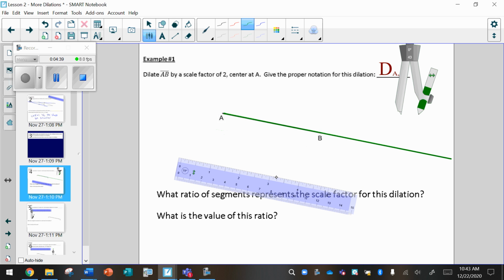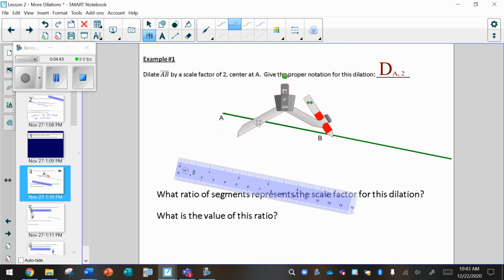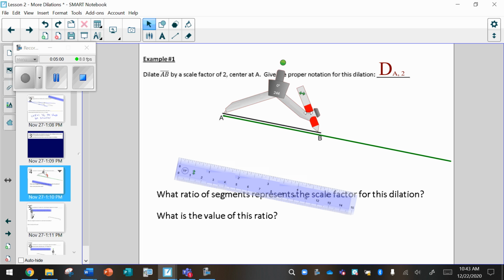Then I need to mark off A to B, because A is the center of dilation, so I have to measure A to B. Unfortunately, I covered up where B was. So I'm going to measure A to B. Little tricks of using a smartboard.